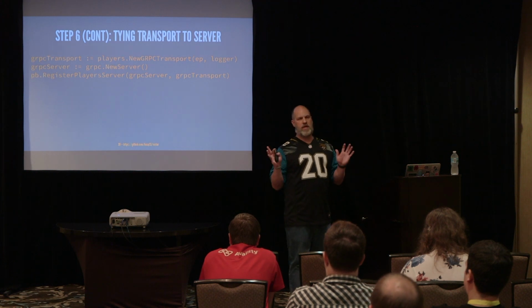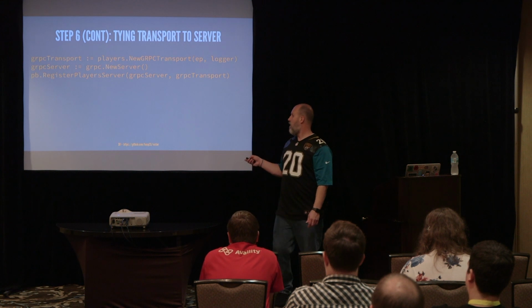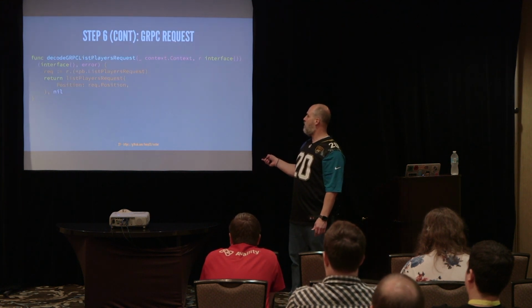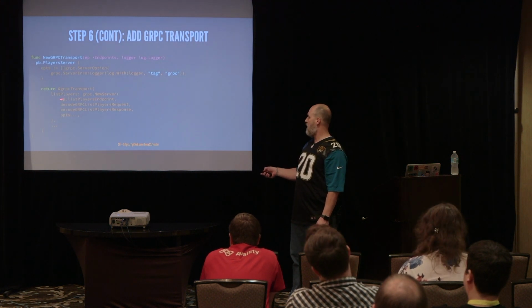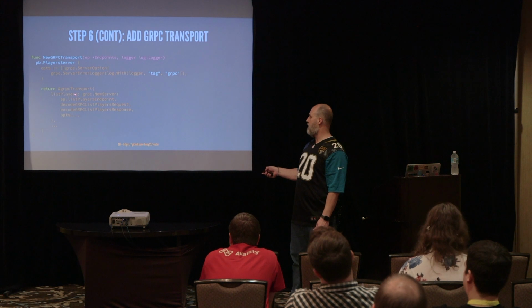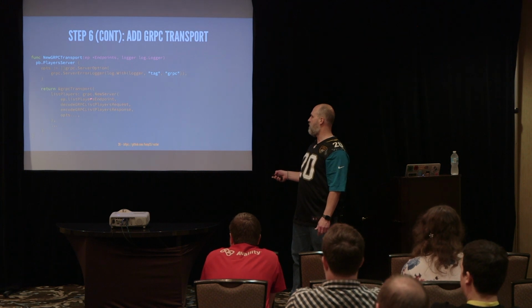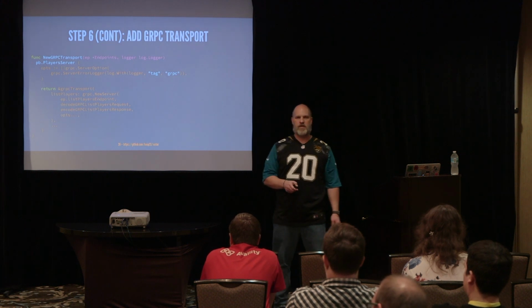And then gRPC, the generated code, will take care of calling into our gRPC transport so that when one of our endpoints gets hit, then, for example, list players, it's going to send it to this endpoint, first decoding our request here so that our endpoint understands it, and then encoding the response from our endpoint so that gRPC understands it.